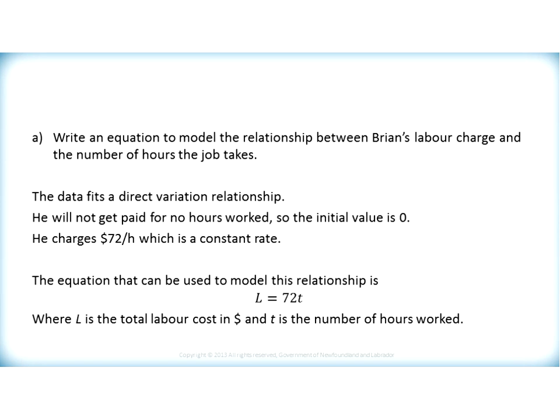The equation that can be used to model this relationship is L, for the total labor cost, equals 72 times T, where T represents the number of hours he worked. So the amount of money that he's going to charge for his work is $72 times the number of hours he has worked.